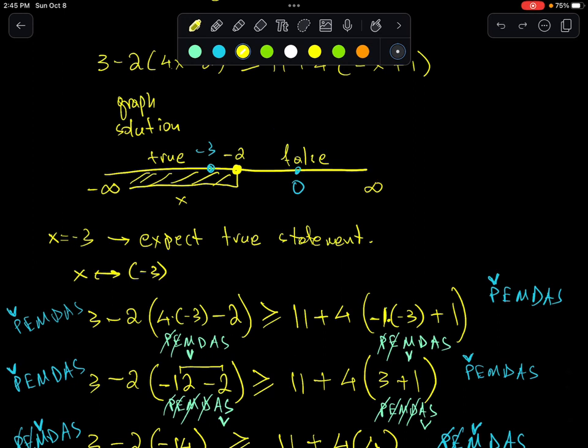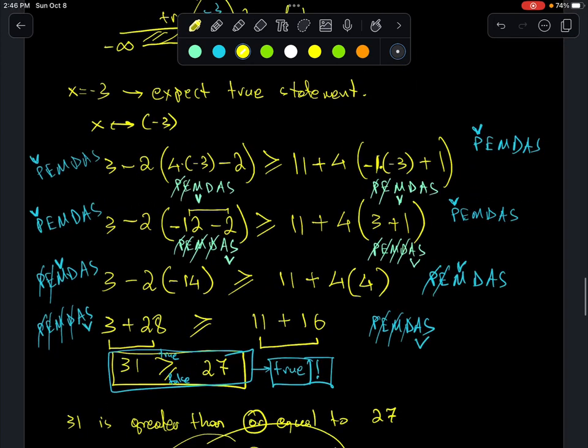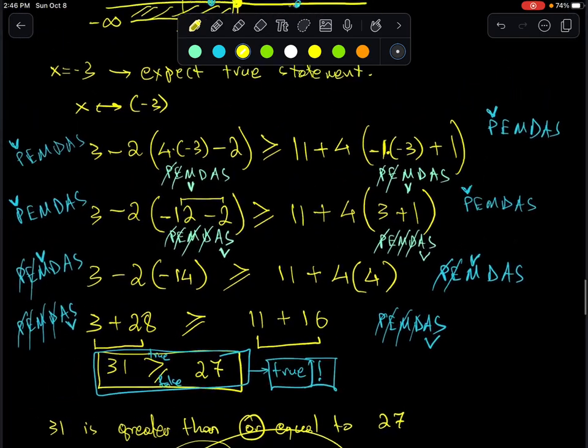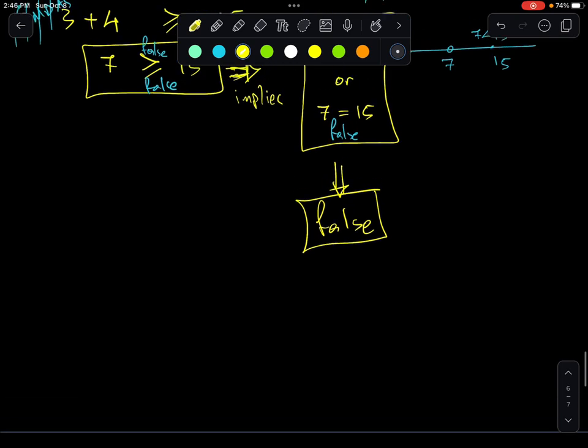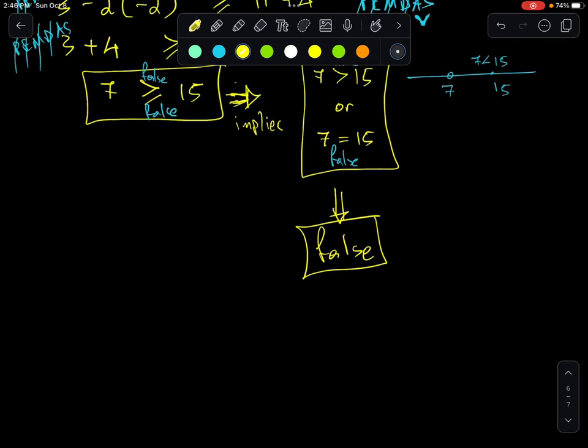The same thing when we plugged in a number from the true area, that number was -3, and if instead of having true we found false, that would have been bad. That means we have a mistake. And that concludes our confirming our solution based on our findings. Everything was found as expected, so our solution was confirmed.